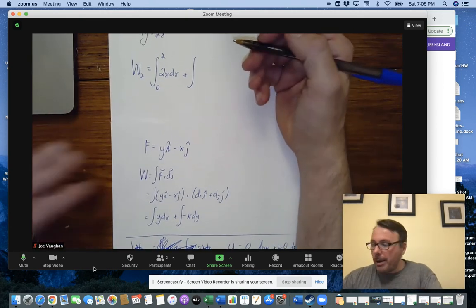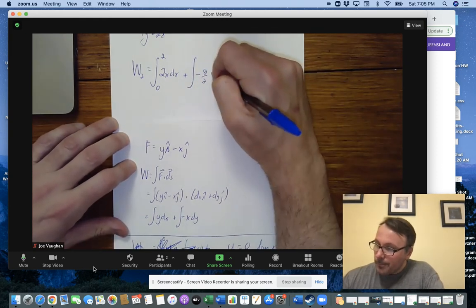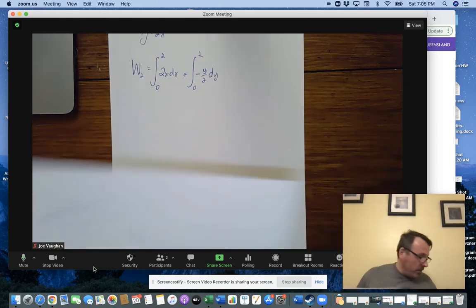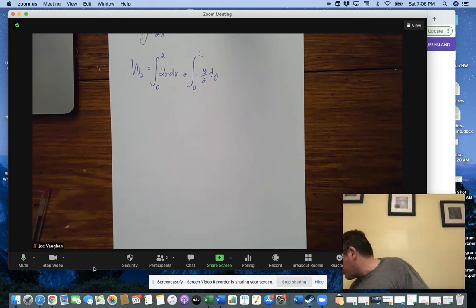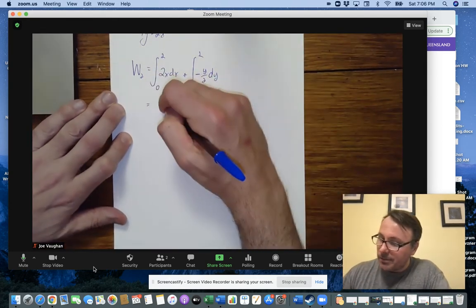Here, we don't have to worry about any sort of weirdness. So negative y over 2 dy from 0 to 4. And if we look back, we can kind of steal some of our work. And normally you don't really steal work unless you've done the work yourself. And generally you're not doing like 3 or 4 of these in a row, but never mind, I can't seem to find the piece of paper, so we'll just evaluate it.